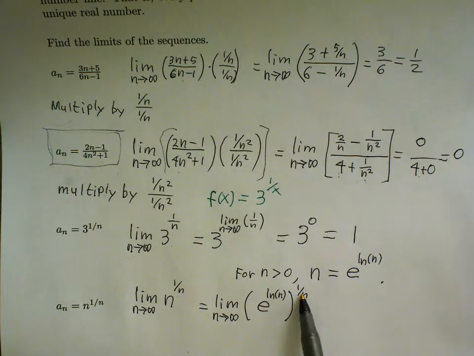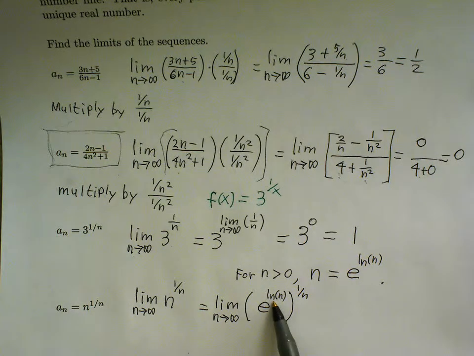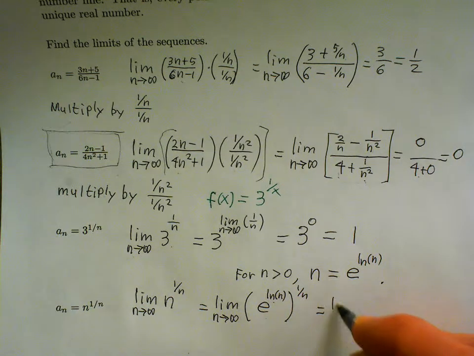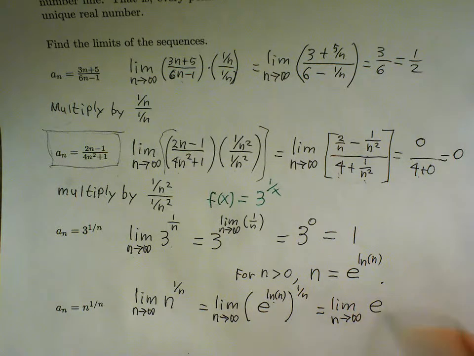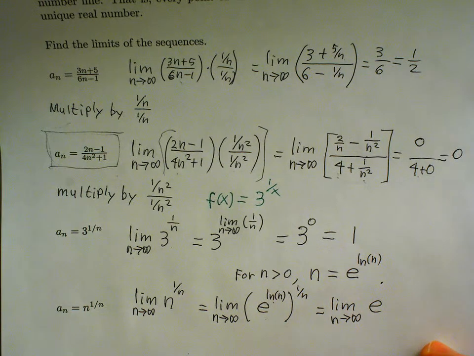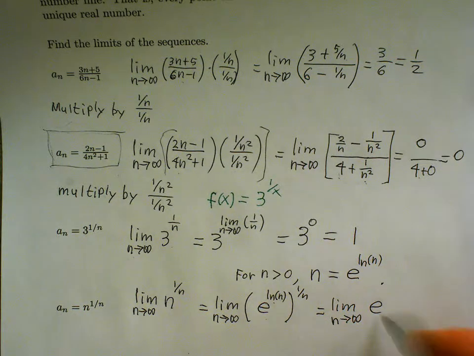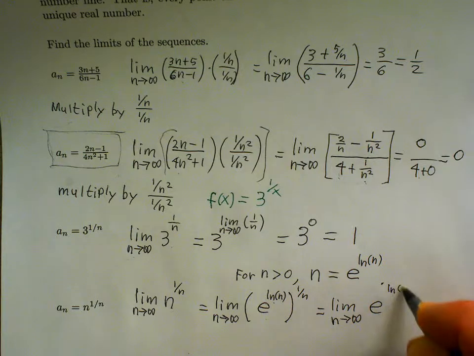And then we'll use another property of exponents. e raised to the exponent natural log of n, and if that's raised to the exponent 1 over n, then one property of exponents says I can multiply those two exponents. So I get e to the 1 over n times the natural log of n. And I'll just write it as e to the natural log of n over n.